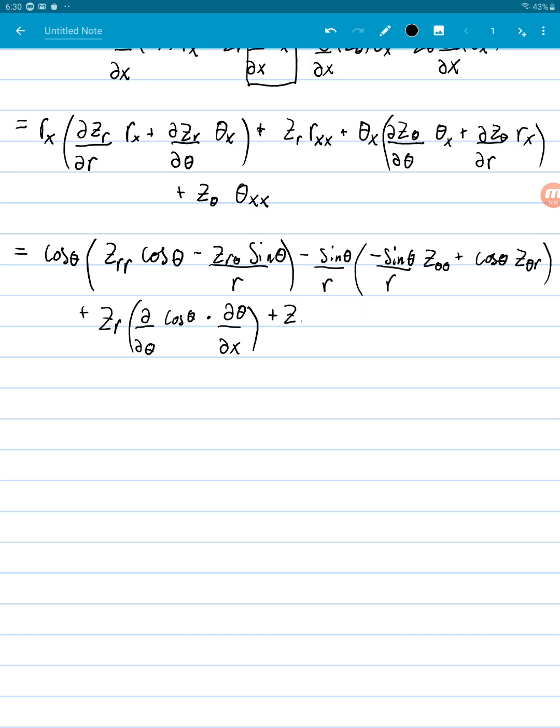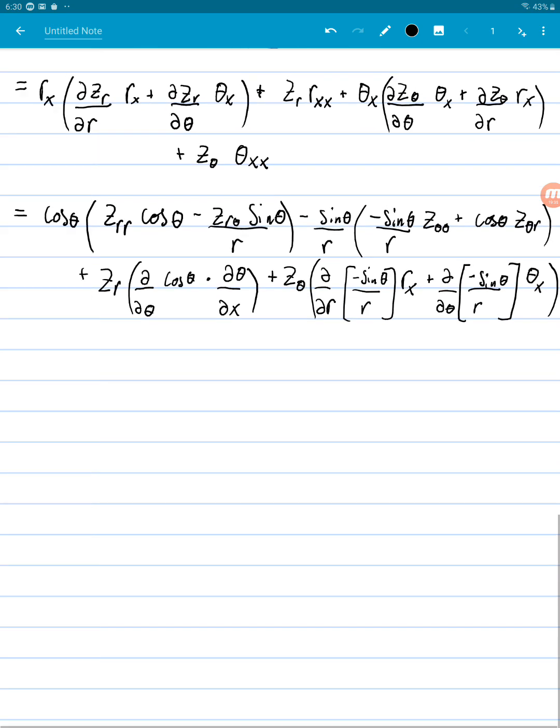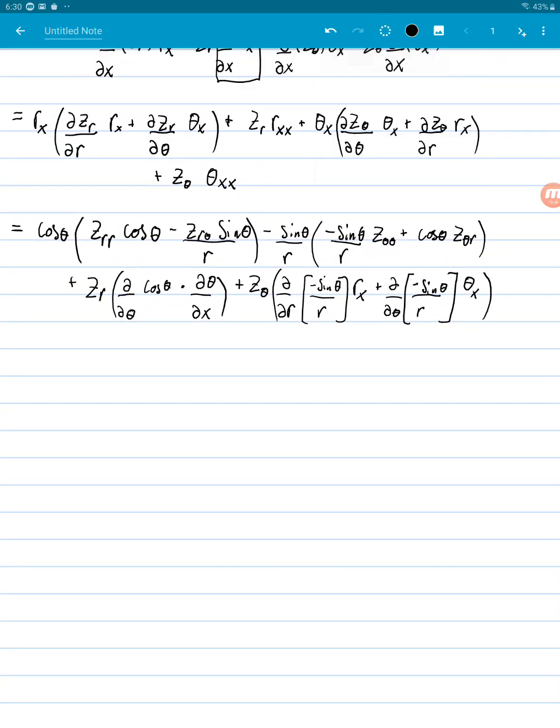Then our z theta, theta sub xx term is going to be z theta times d by dr, negative sine theta over r, times r sub x, plus d by d theta, negative sine theta over r, times theta sub x, which means that we'll need to rewrite this yet again for adding in the extra terms.